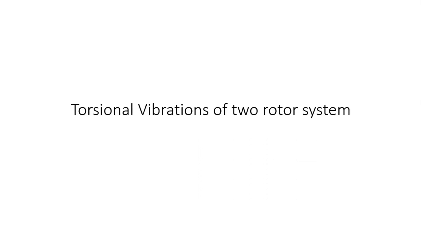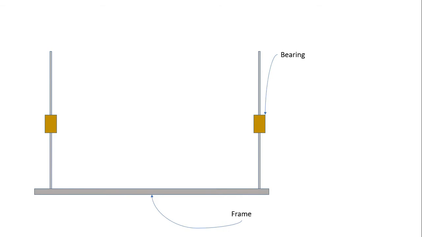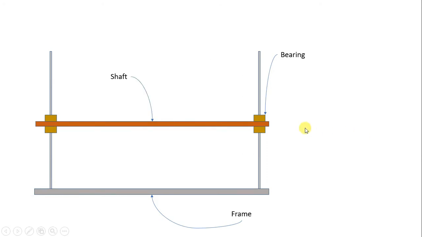Torsional vibration of two rotor system. The components go like this. The first one is the frame, and on both ends of the frame we have mounted bearings, and one shaft is passing through the bearings so that it can easily rotate.